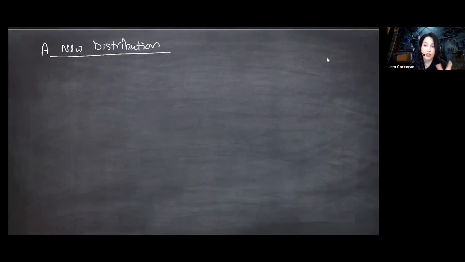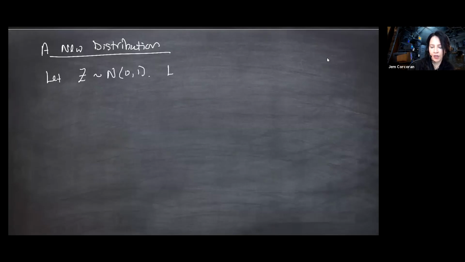And it's defined in terms of two random variables, at least originally. So I'm going to let z be a normal 0, 1, and I'm going to let w be a chi-squared n, and I'm going to suppose that these two random variables are independent.